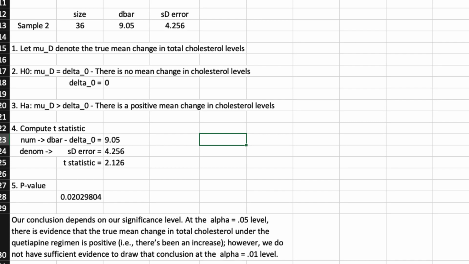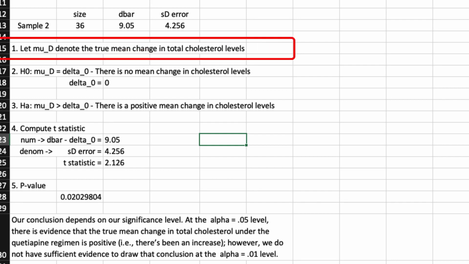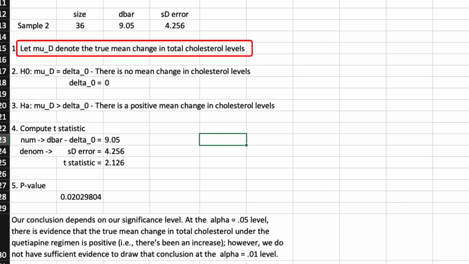The parameter of interest here is mu sub d, the true mean change in total cholesterol levels. Is there any true mean change in cholesterol levels? And that prompts us to our hypothesis.